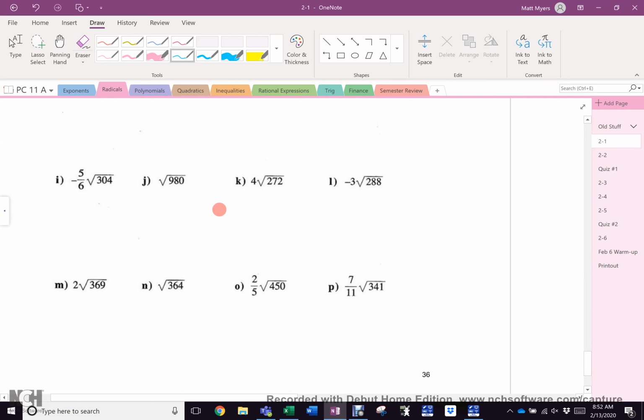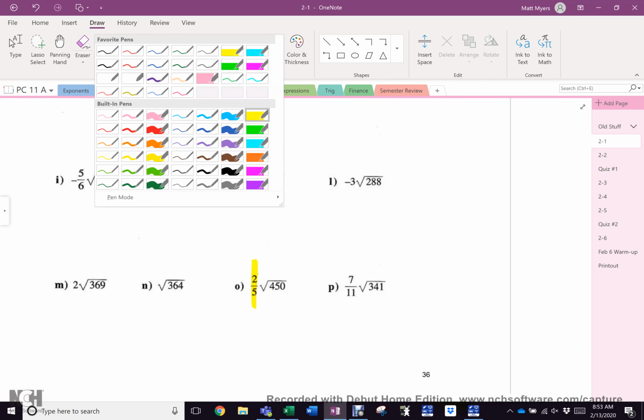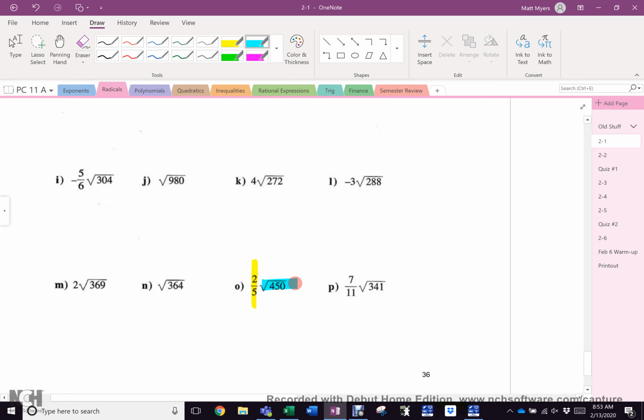You see some fractions here, yes? Remember, where does this 2 go? Does it go with the root? Or does the 5 go with the root? What math is happening right there? This is a coefficient, yes? No. Sorry. What math is happening between the yellow thing and the blue thing? Multiplication, right?